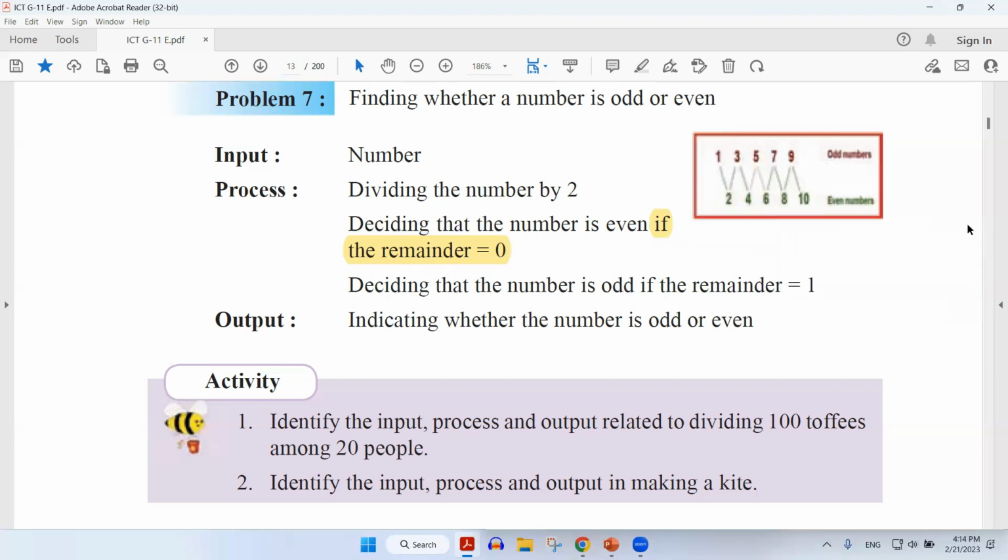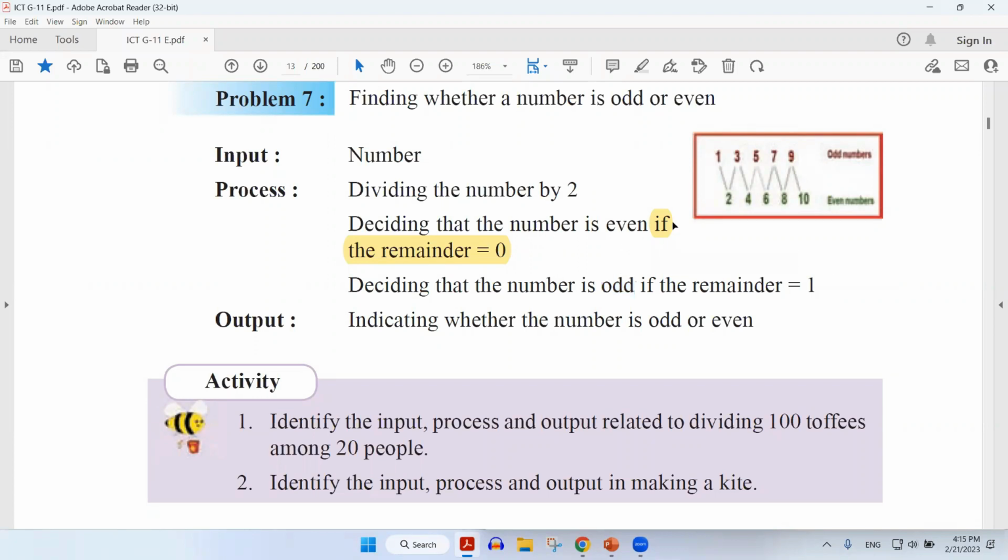So here, due to the condition, we don't have anything to be repeated, but we have something to select. If the remainder equals 0, we select the even number. If it is not, we select the odd number. That's all. Then the program is done. This concept is recognized as the selection, right?